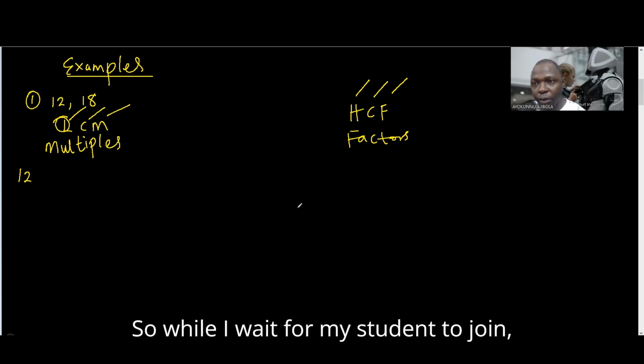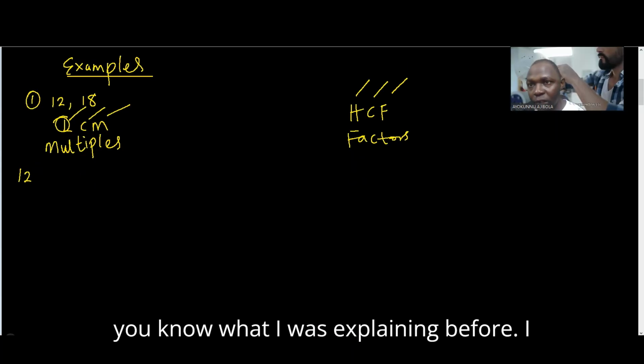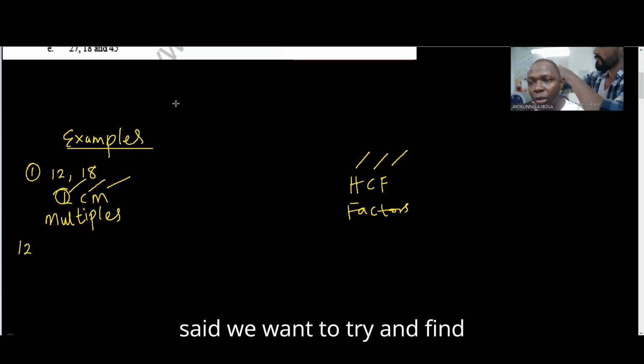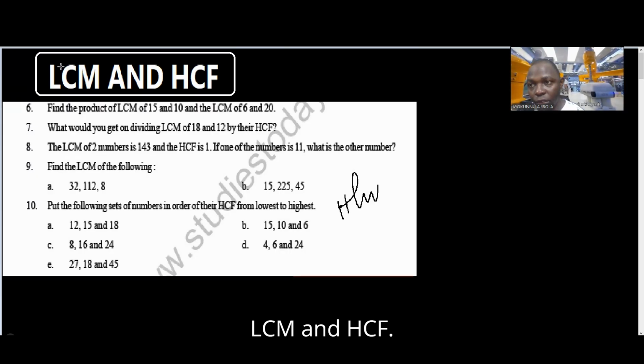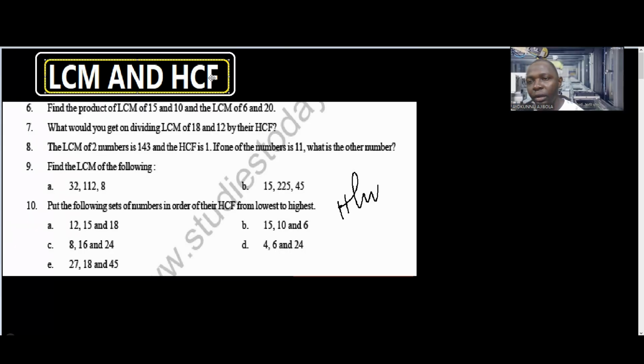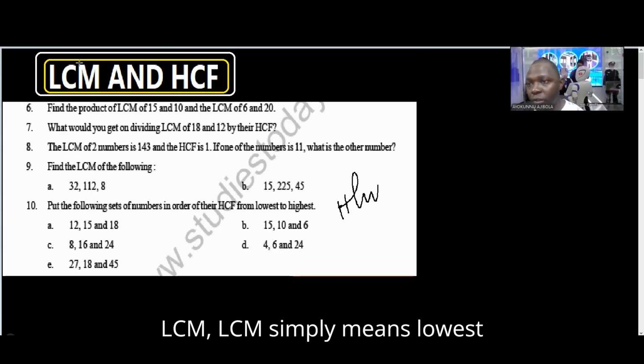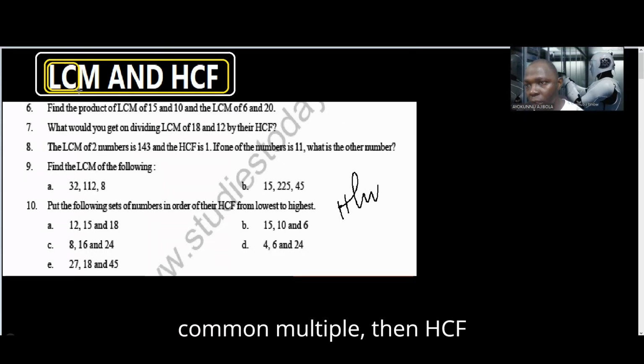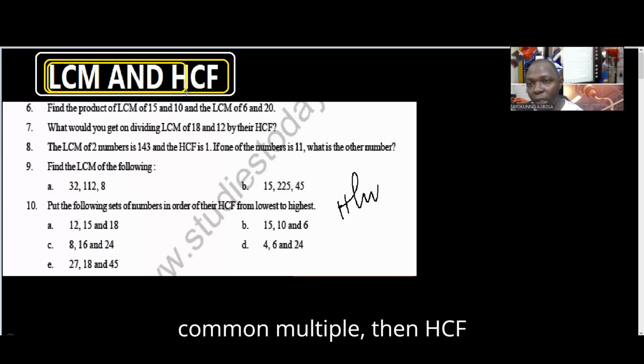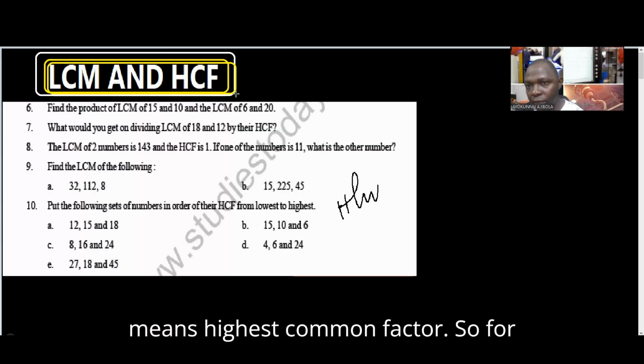While I wait for my student to join, what I was explaining before is that we want to find LCM and HCF. LCM means lowest common multiple, and HCF means highest common factor.